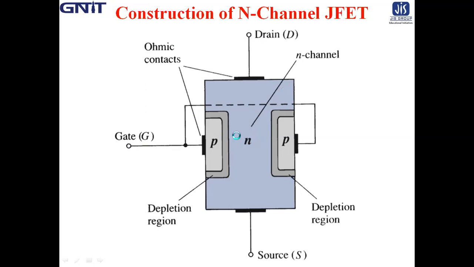The region of the N-type silicon bar between the two depletion regions of the PN junction, through which the majority carriers, that is electrons, move from the source to drain due to a potential difference VDS applied between the source and drain, is known as the channel.